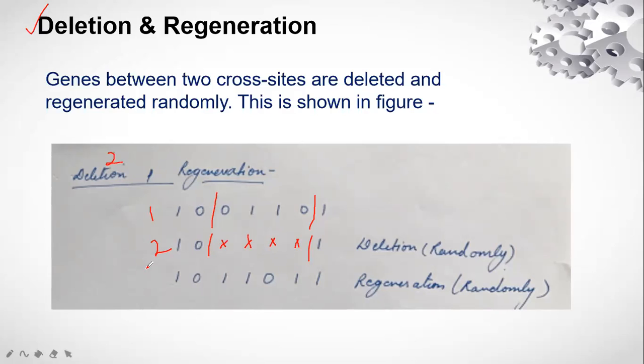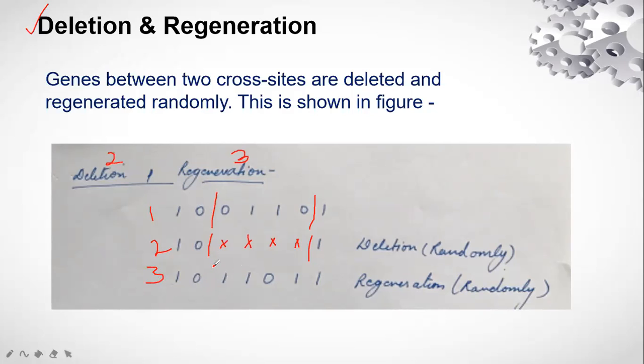Now the third step you are going to apply is regeneration. We are going to apply the regeneration operator. This regeneration will be done randomly. How are we going to do it?